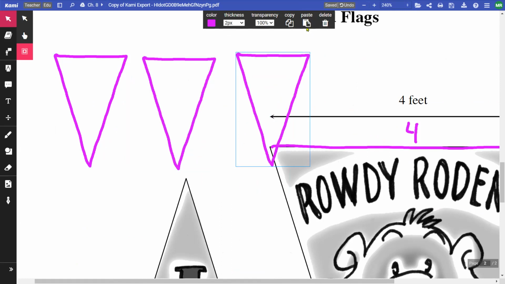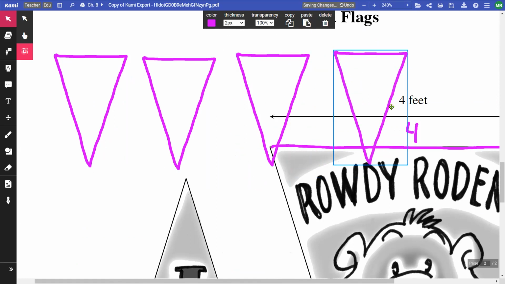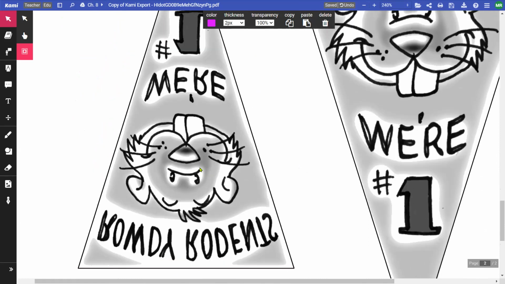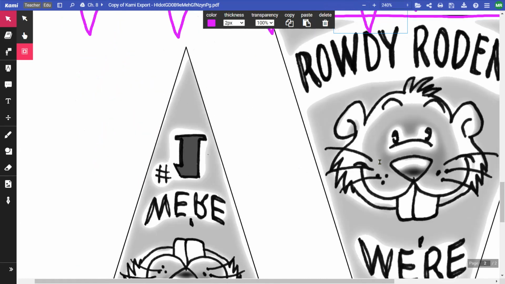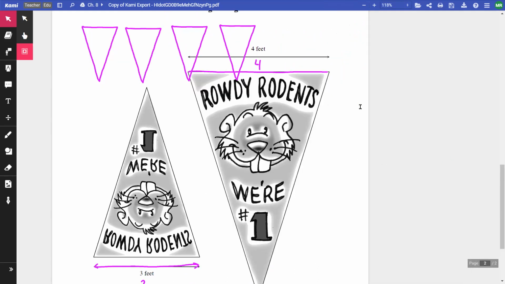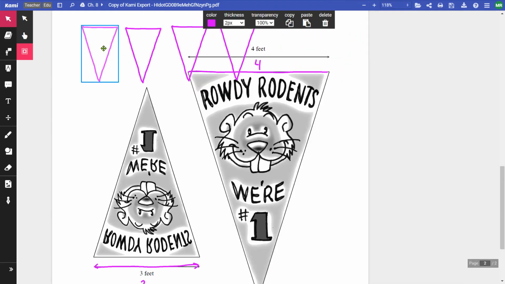So what I want you to do right now is see how many of these will fit into this 3-foot one and how many will fit into the 4-foot. Now, again, these cannot be flipped. So I'm going to start, obviously that can't go there, so I'm going to put it down until I get it to fit.